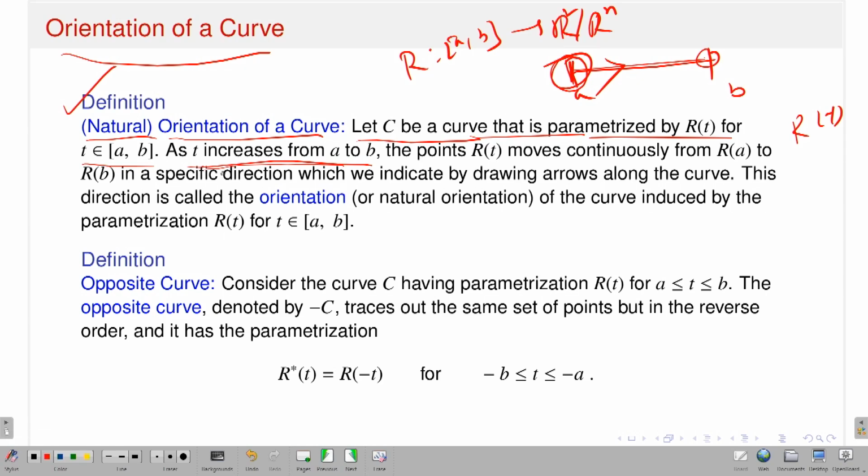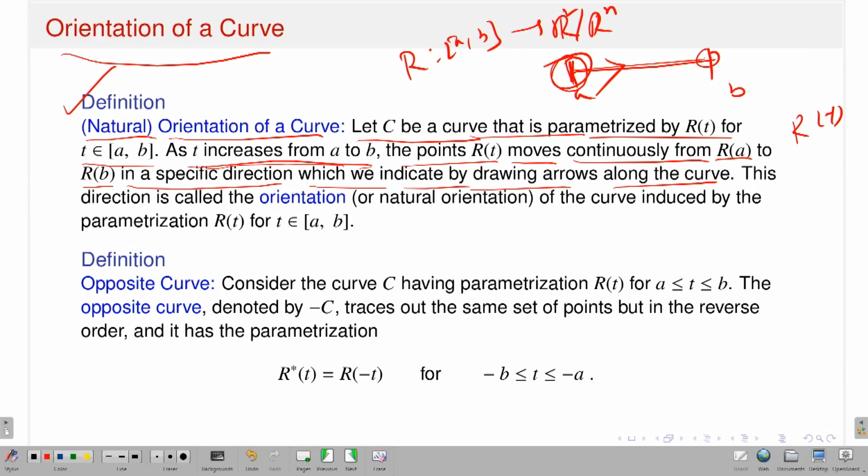So that's exactly what I have written. As t increases from a to b, the points R of t move continuously from R(a) to R(b), because the starting point is R(a) and the ending point is R(b). So it should move continuously from R(a) to R(b) in a specific direction, which we indicate by drawing arrows along the curve. Now I think it is clear.